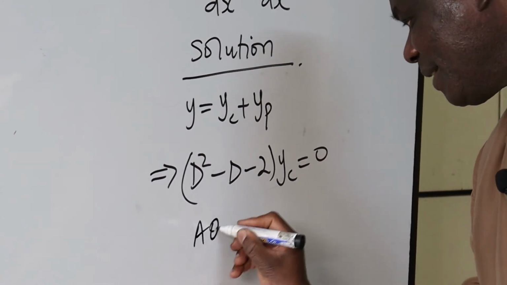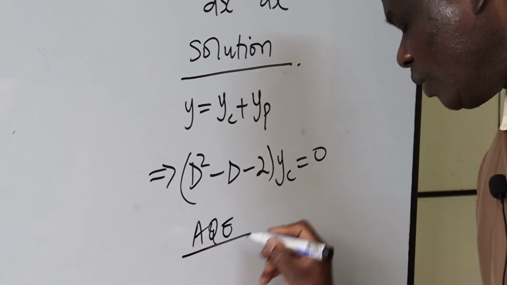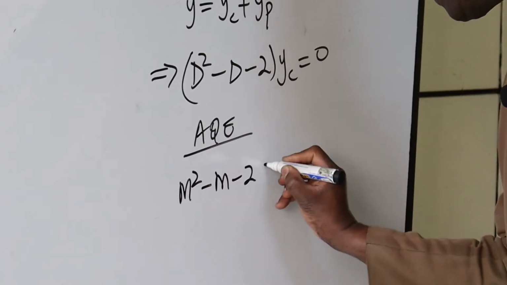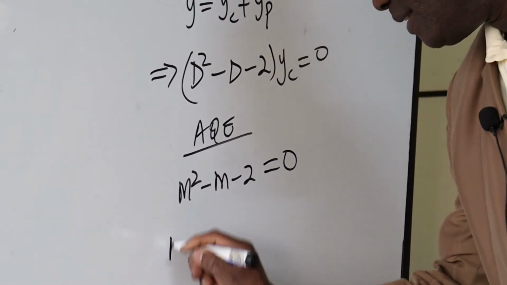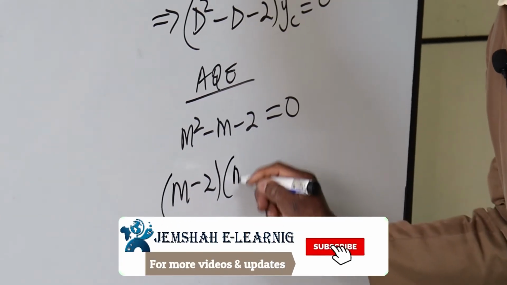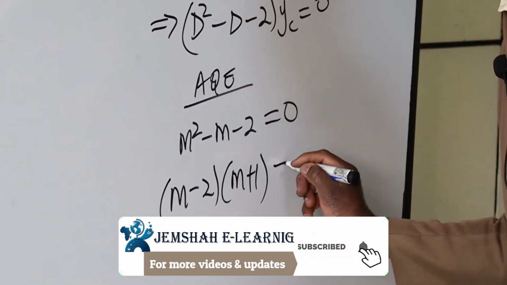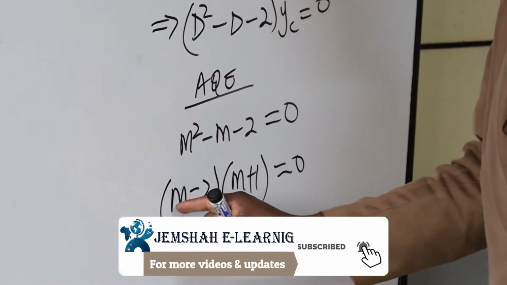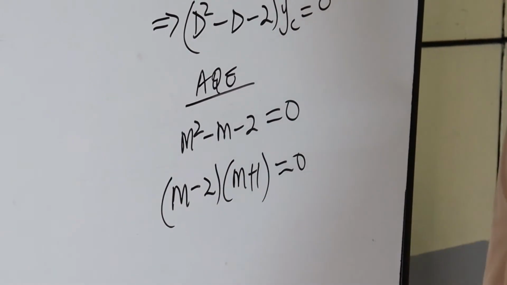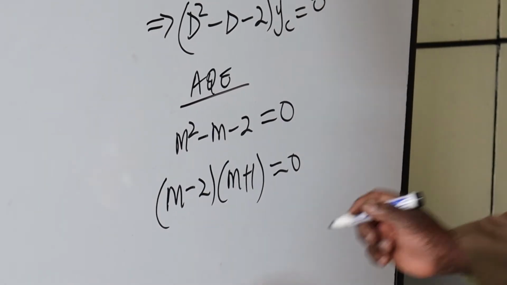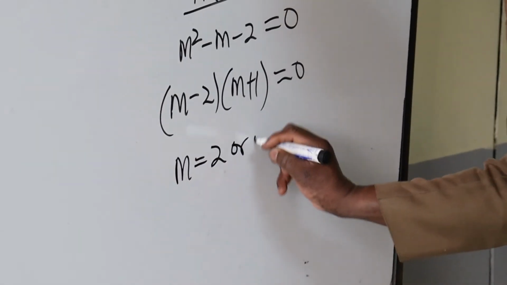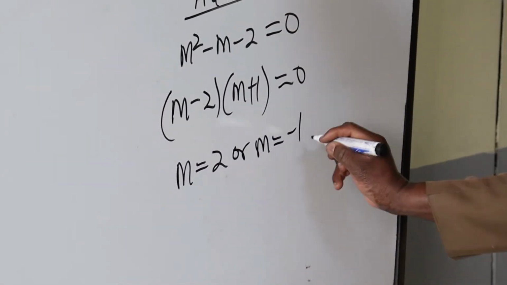So the auxiliary equation: we have m squared minus m minus 2 equals 0. So this is (m minus 2)(m plus 1) equals 0. So m equals 2 or m equals negative 1.